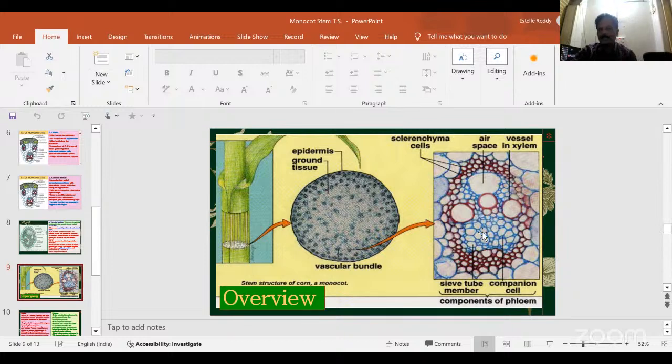In each vascular bundle, there is a patch of phloem which is always towards the outside of the stem. On the inner side, you can see the protoxylem. That's why this condition is called endarch. Endarch xylem is there in stems. Exarch xylem is present in roots.